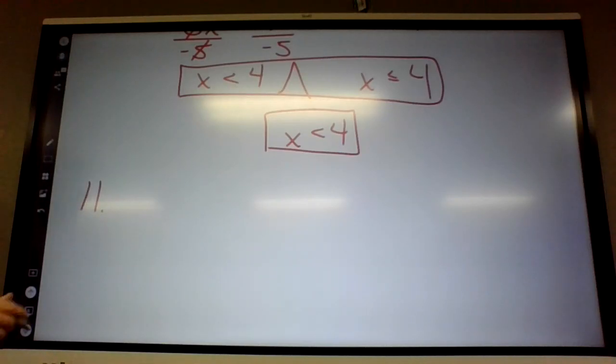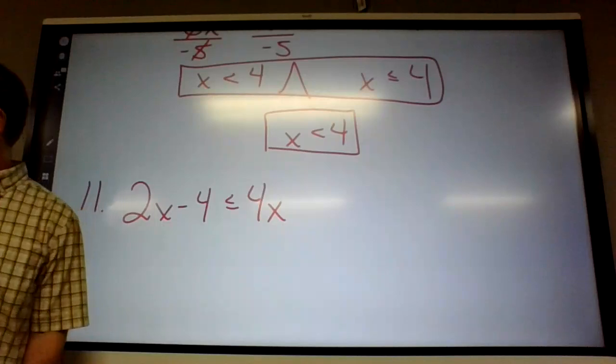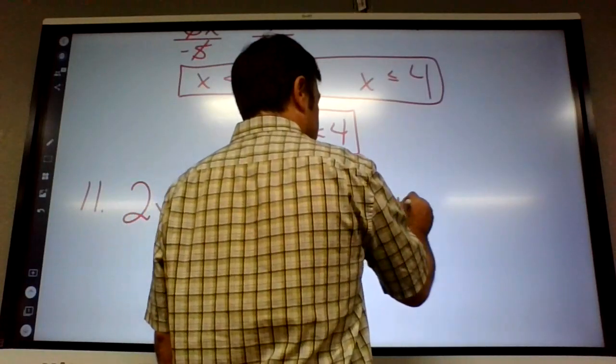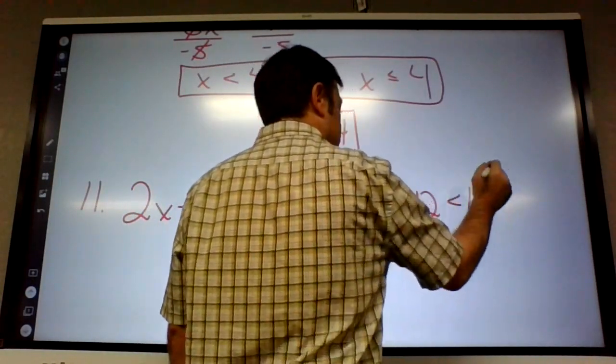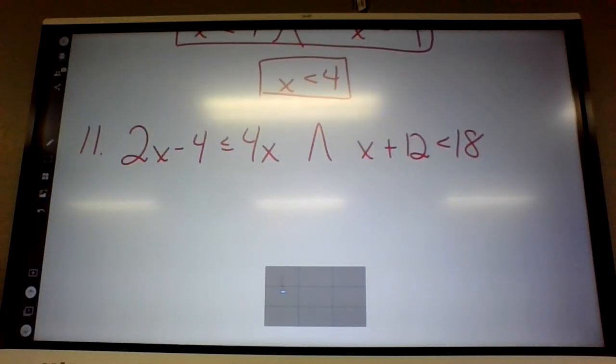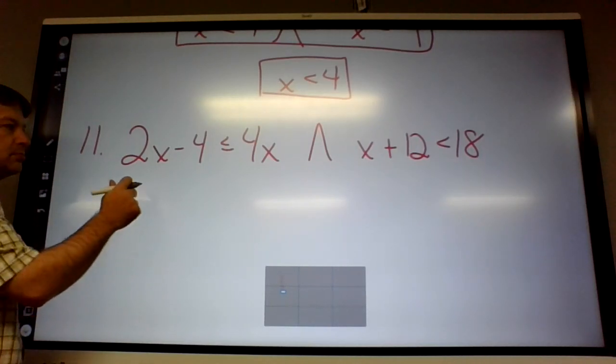x minus 4 is less than or equal to 4x, x plus 12 is less than... Alright, Bailey, what would I do on this one? I would move the x to one side, so you could do minus 4x.